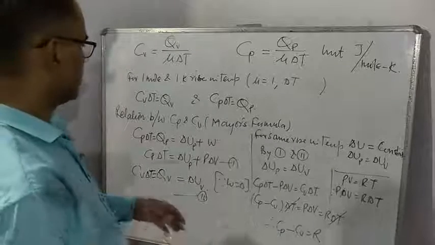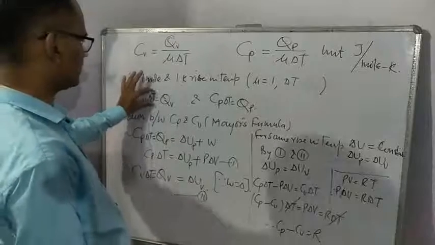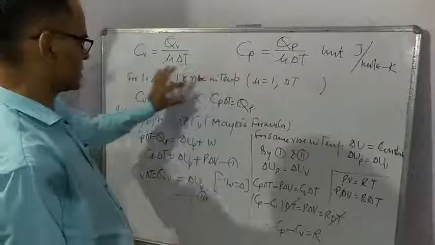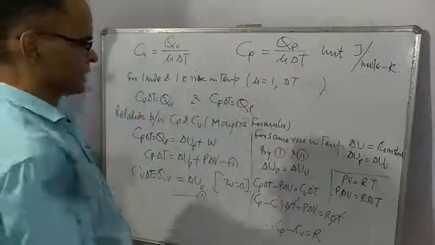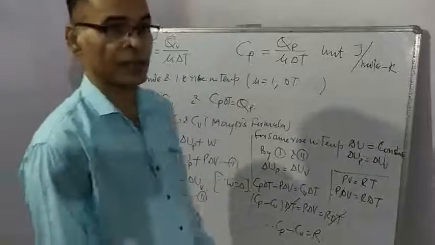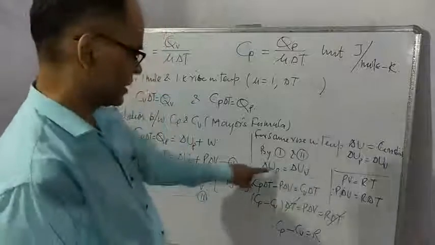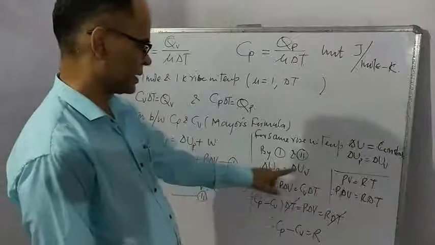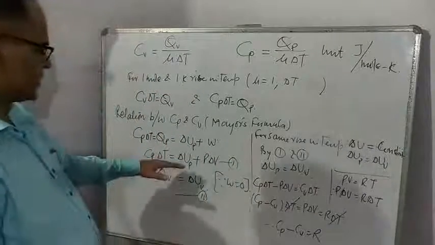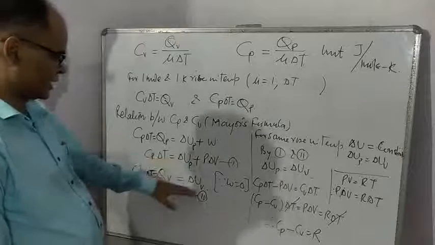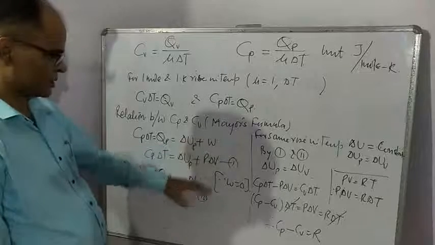Since the change in temperature in both conditions is the same, therefore the change in internal energy is also the same. So equating the internal energy, put the values of delta Up and delta Uv from equations 1 and 2.